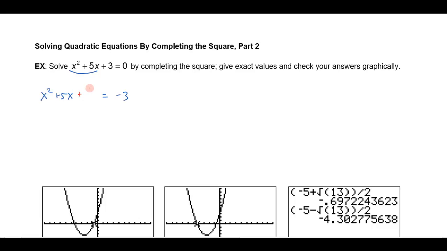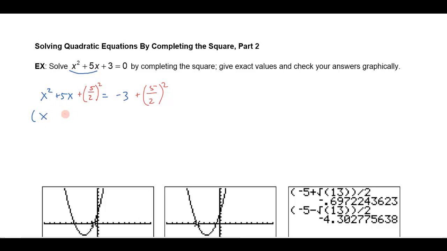And you don't have to think about decimals. It's much easier to do it in terms of fractions, right? Half of 5 is 5 halves, and then you have to square that. So you always take half the middle term and square it. And of course, if I add that to this side, I'm going to have to add it to the other side as well. Okay? Now, this will always end up being a perfect square.